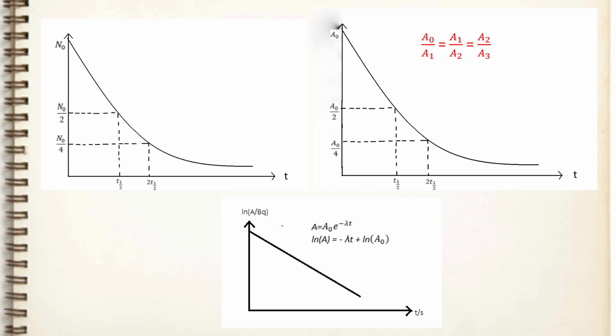I'll get a straight line graph with a negative gradient, which is minus lambda, and my y-intercept will be ln A naught.